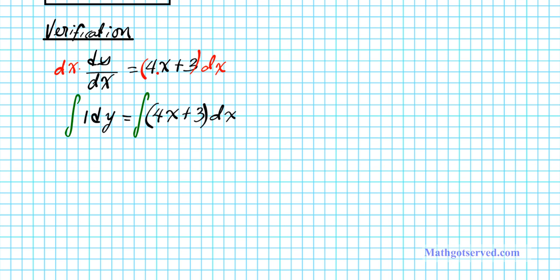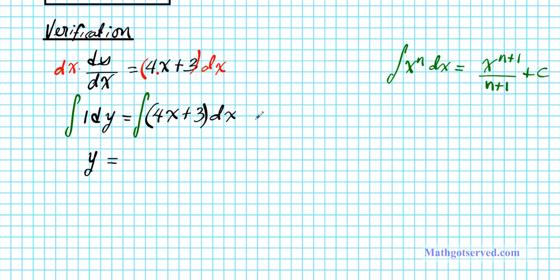So when we integrate the left side, we'll have y equals, and then when you integrate the right side, you're going to have, using the power rule for integrals, remember if you're integrating x to the n dx, the antiderivative is x to the n plus 1 over n plus 1 plus a constant. Okay, there is a constant here also, but I'll tell you about that in a minute.